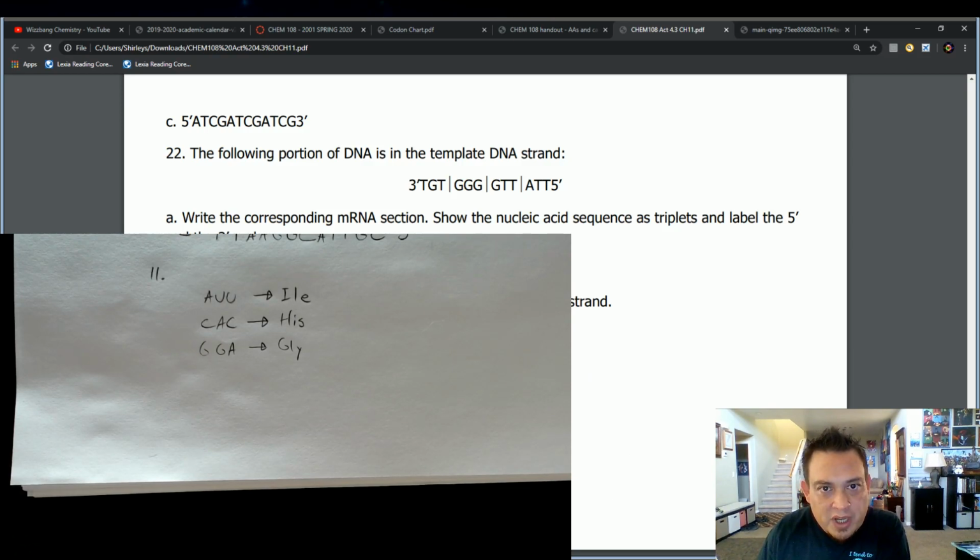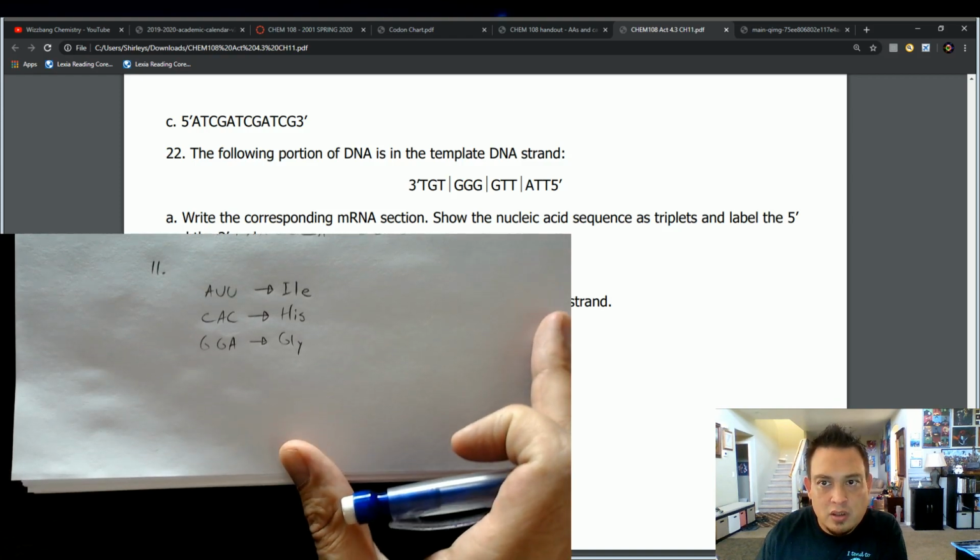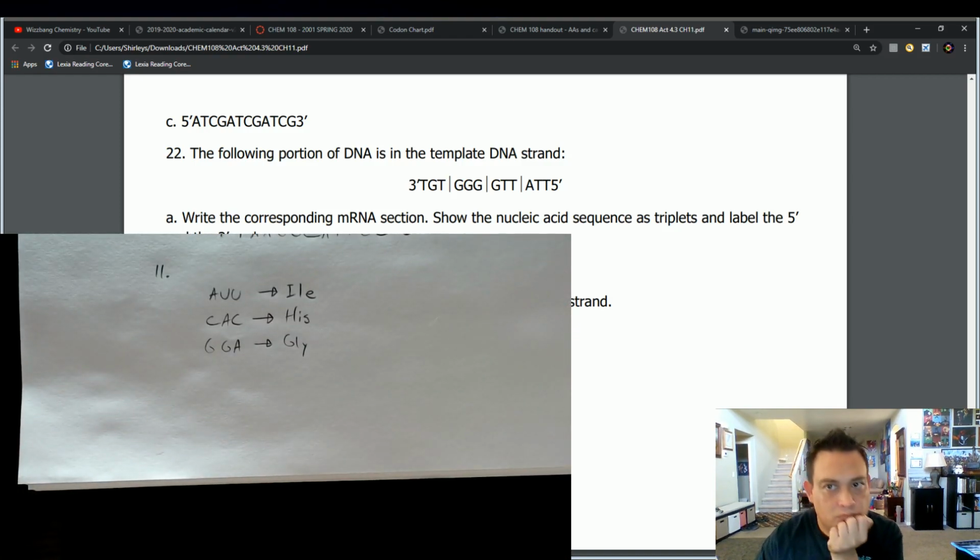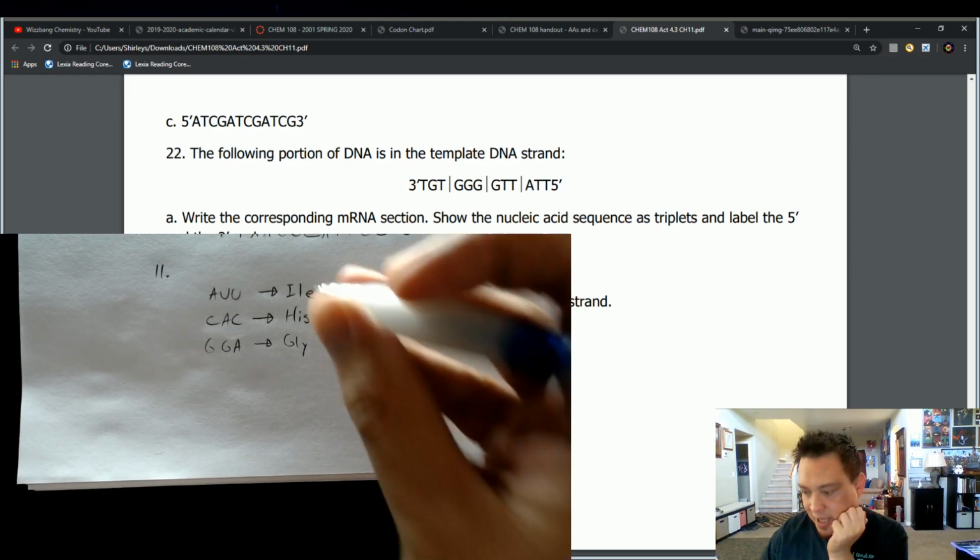All right. So what should the first 3 letters be? So we're drawing the corresponding mRNA piece. What should the first part be? What should TGT become? Yep, ACA.